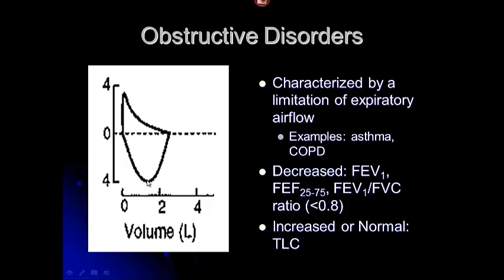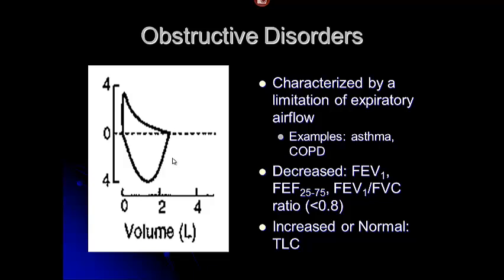You have the same exact normal loop, but then you have a high upstroke in expiration and a slow decline without ever reaching a plateau in expiration. Remember that patients with asthma, they would exhale the same amount they inhaled, but at a prolonged time. So they have a prolonged expiration.